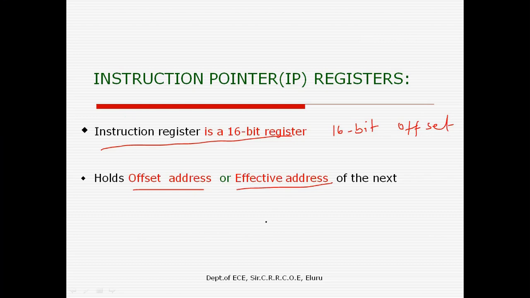So the instruction pointer is a 16-bit register which contains the offset address or effective address of the next instruction. Generally the instruction pointer refers to the offset address of the next instruction which is going to be executed. Simply, it holds the 16-bit offset address or effective address.